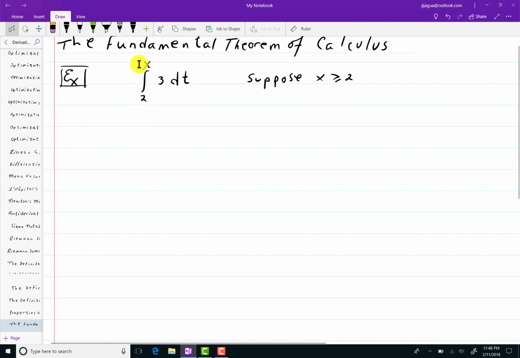Now I want to put up here in this upper limit a variable upper limit of integration. So if we were to graph this thing, here's what you have.